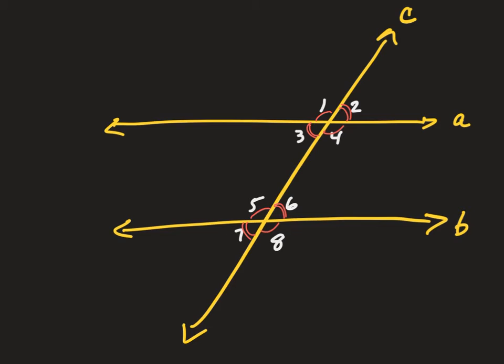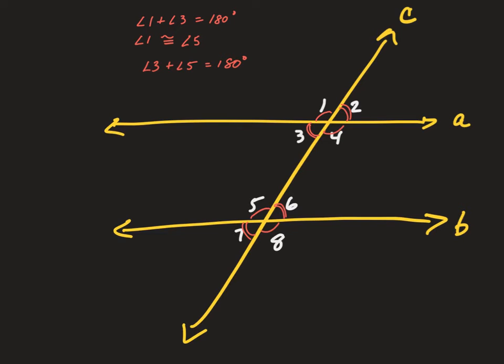So what we're learning here is, if we have angle 1 plus angle 3, that is going to be equal to 180 degrees because they're linear angles. And I know that angle 1 is congruent to angle 5. Then angle 3 plus angle 5 would equal 180 degrees.